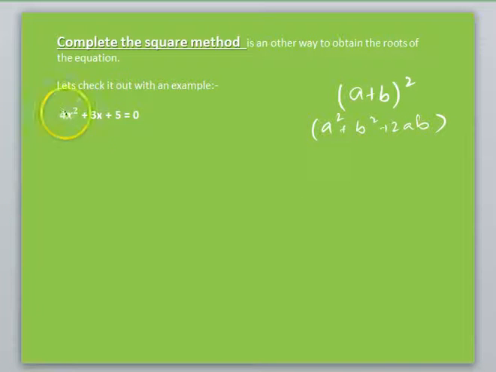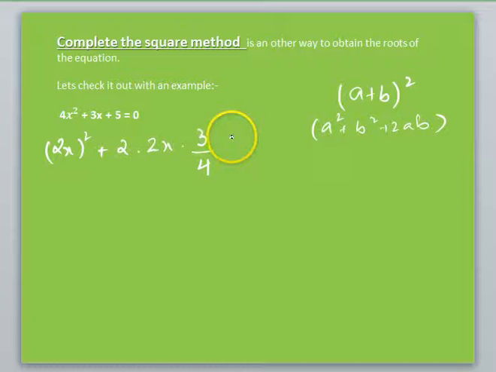4x squared will be my a square, so my a would become 2x whole square, plus I want my 3x in terms of 2ab, so I write my 2 as it is, and 2x. Decide now what will be your b. I need to eliminate this 2 into 2, 4, so I write 3 by 4.